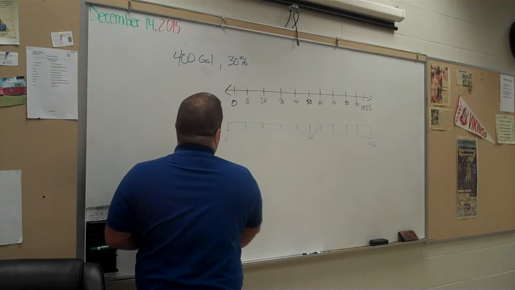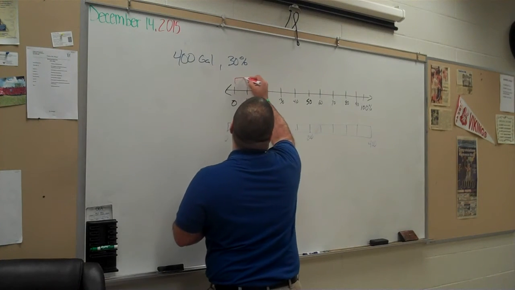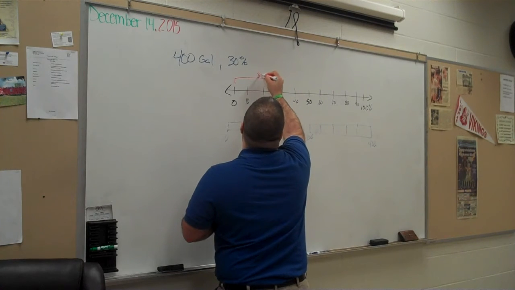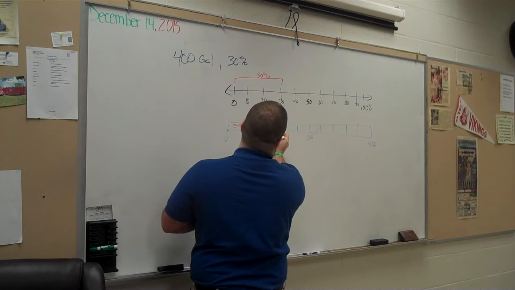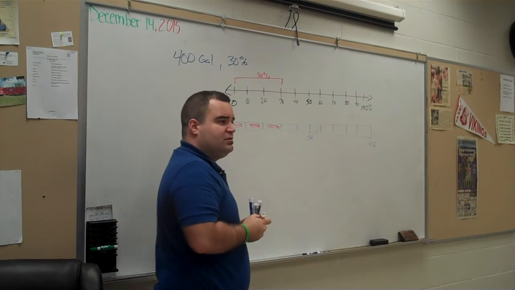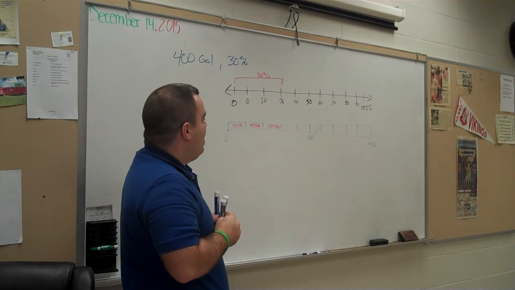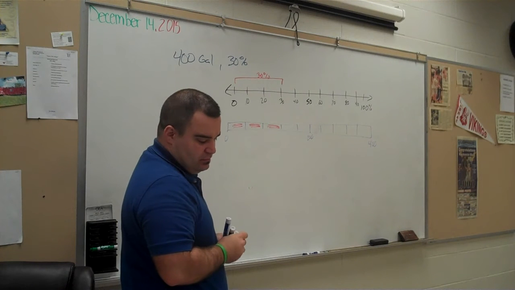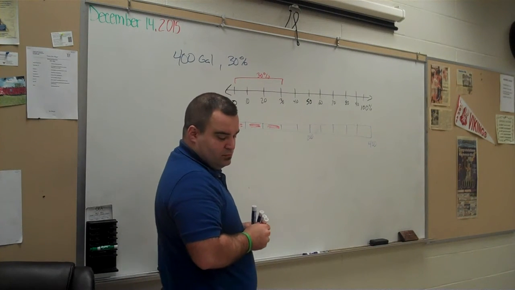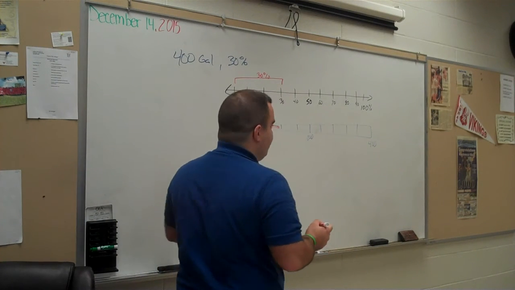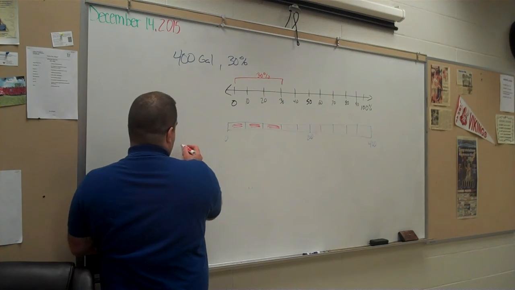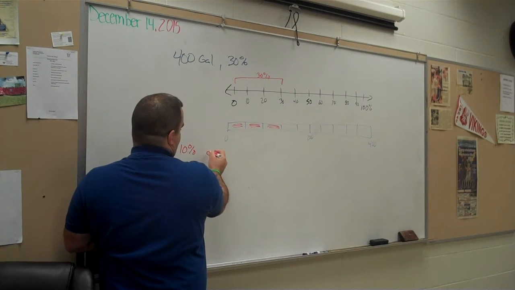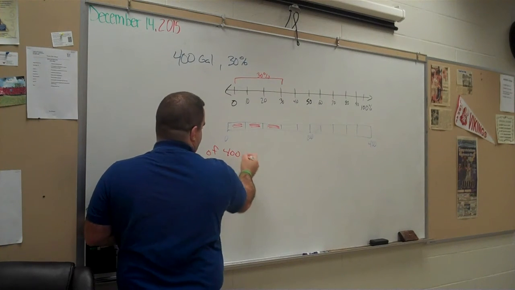So what we're looking at, this is 30%. So we're looking at 1, 2, 3 of these. 3 parts of that 400. So the first thing we would want to do is find one of these: 10% of 400.